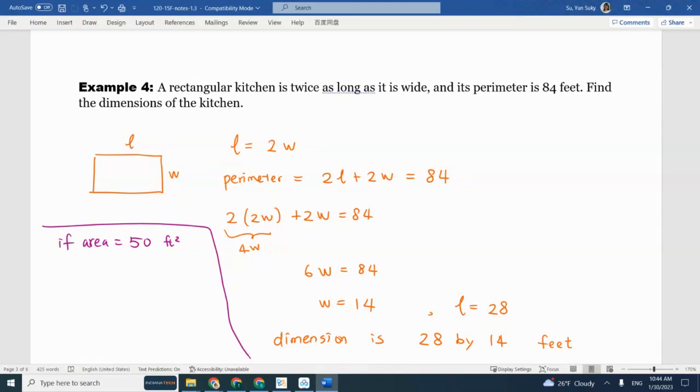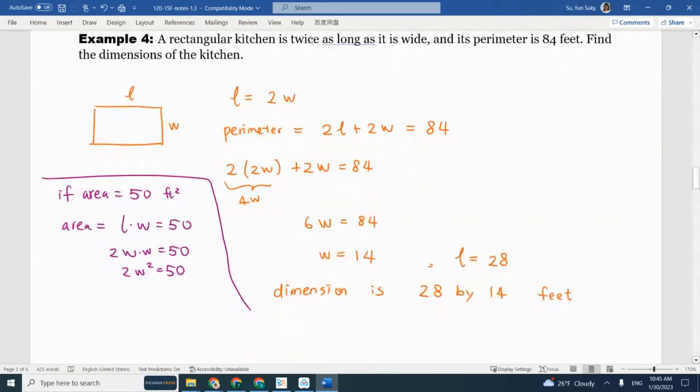Okay, so instead of the perimeter, let's say we're given the area. Area is length times width, right? So length times width is 50. Now we replace length with 2W. Then you get 2W squared is 50. What do you do?